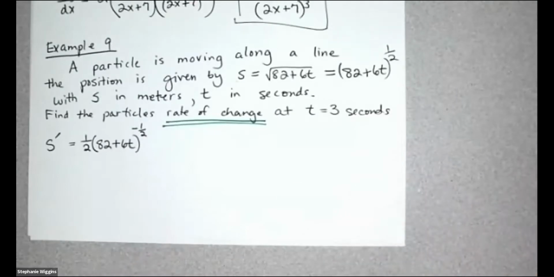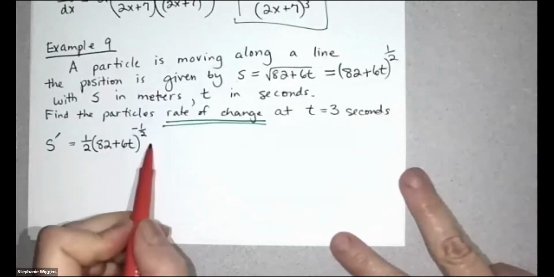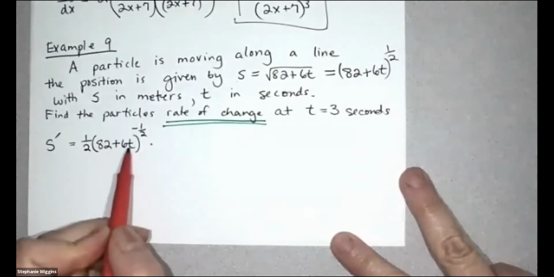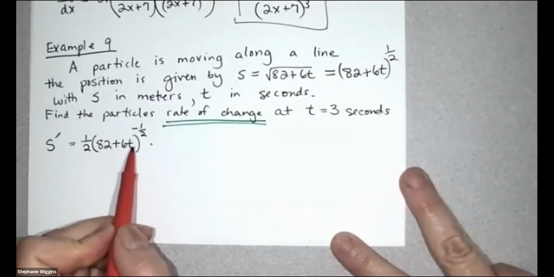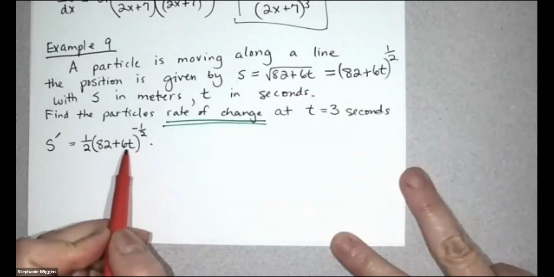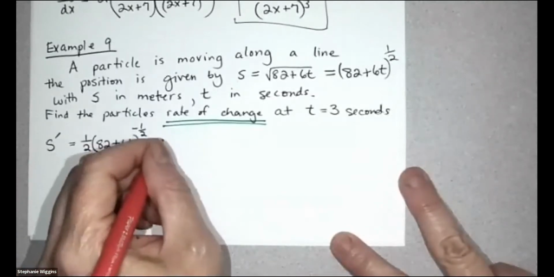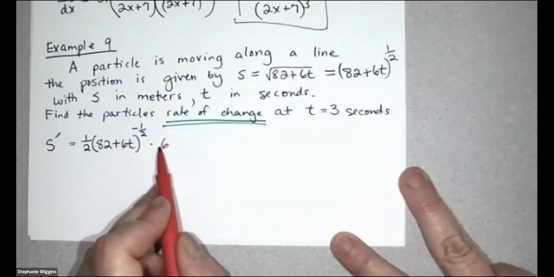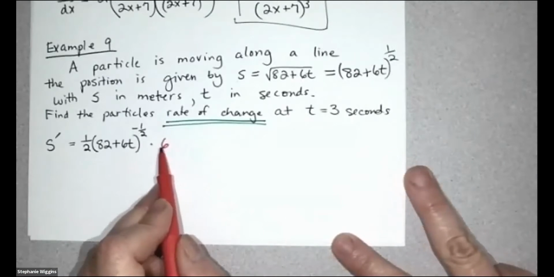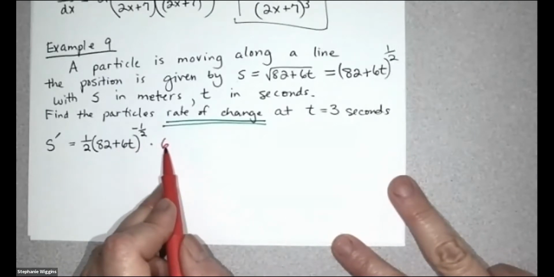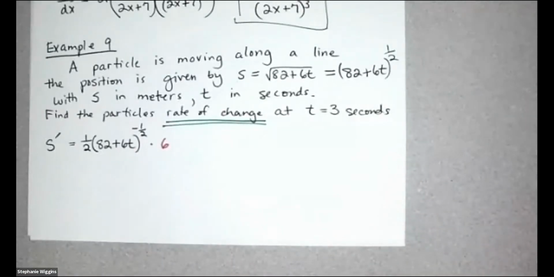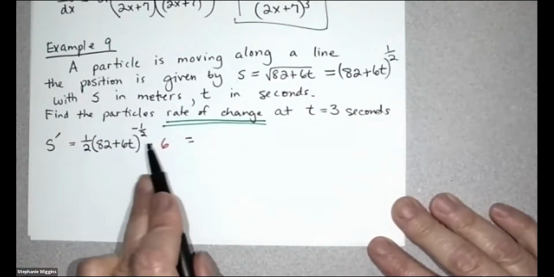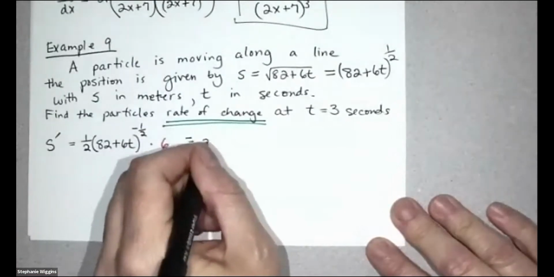And then the extended power rule says I have to multiply by the derivative of the inside function. This is linear, right? This is 6 times my variable plus a constant. That's a line. So 6 is the slope, and that's the derivative of this inside function. So remember, you have to multiply by the derivative of what's inside. So I did that here. Simplifying this, I have 6 divided by 2, or 6 times 1/2, that's 3.